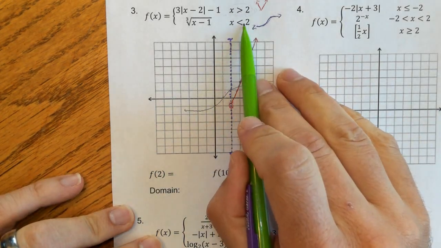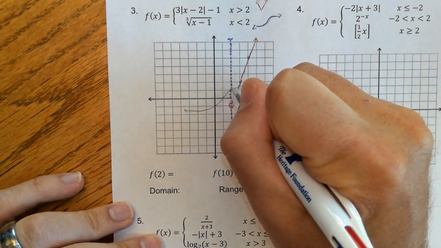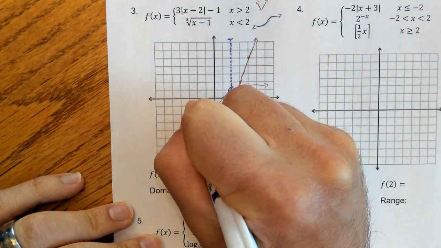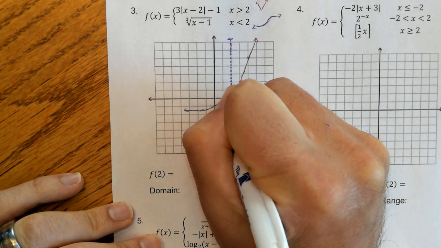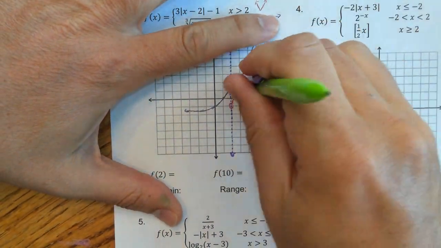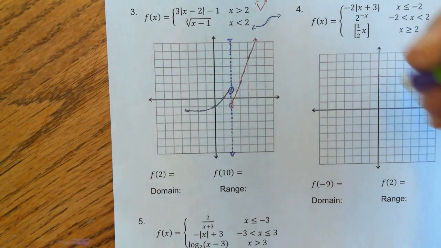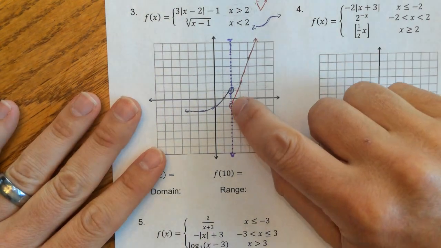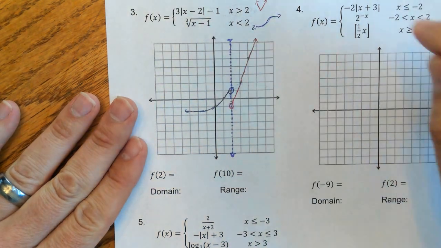Now again, we only want the piece where it's less than 2, so that means we would have an open circle, and we only want the piece to the left. And I would erase anything that goes to the right, so that way we can see our two pieces together as one function. So you have your absolute value v, and then you have your cube root.